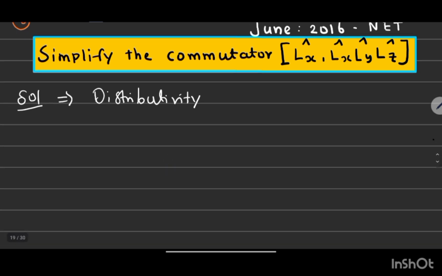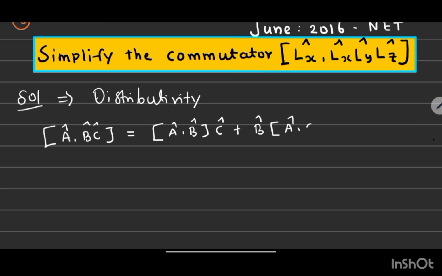Distributivity property. In the commutation relation, suppose you have an operator and then a product of two or more operators, then this can be written as [a, b] c plus b [a, c].